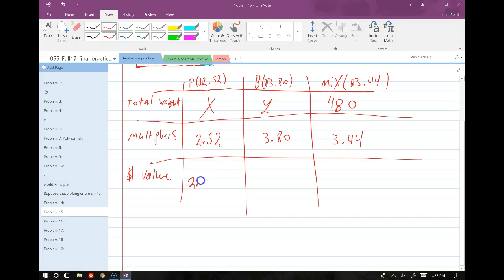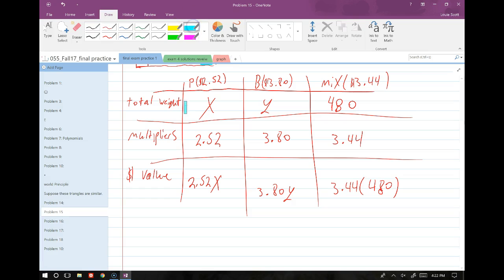So 2.52 multiplied by x, that's the total value of the peanuts. 3.80 times y, that's the total value of the Brazil nuts. And then 3.44 times 480, that is the total price of the mix.